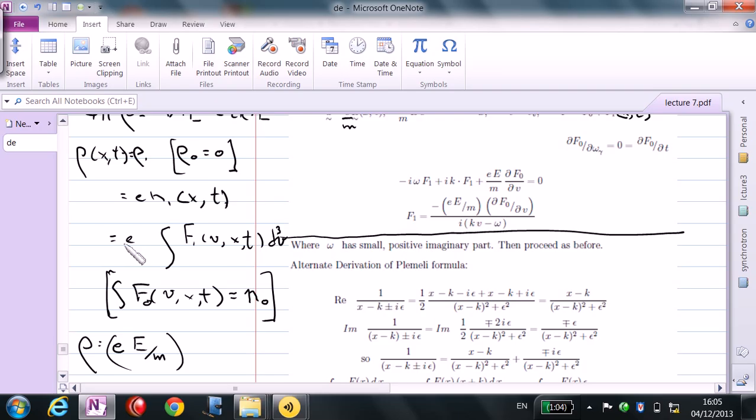Now I have this E and I have this F1, so let's take this E over here and this e over m over here. And now we want to integrate the F naught dV.